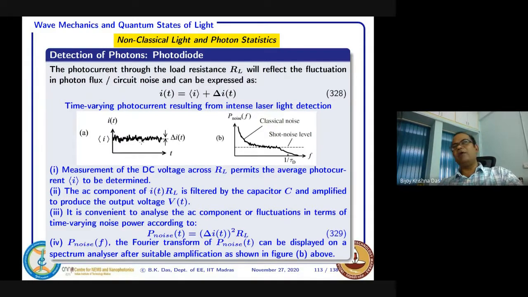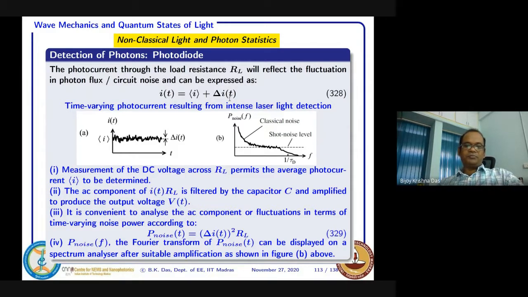So this is a typical output. For any photodetector, if you try to measure this, the detection output will be something like that. These variations will be there. It is actually expressed in equation 3.28: the average, the expectation value of I, plus delta I(t), the fluctuation.